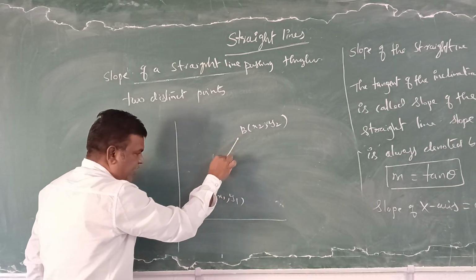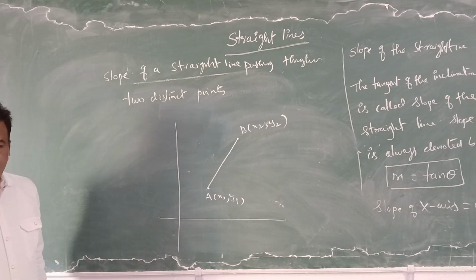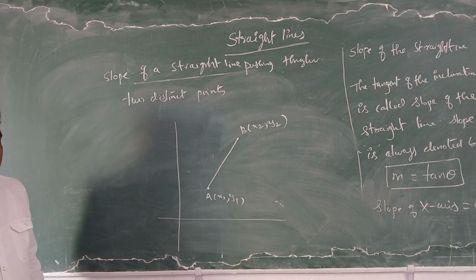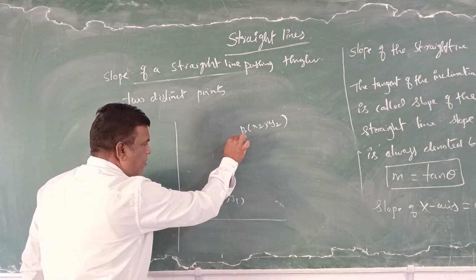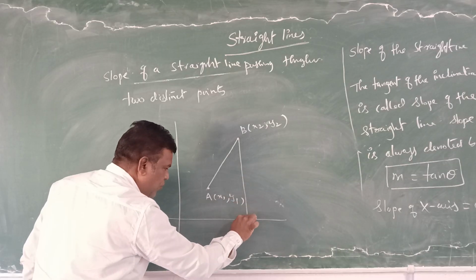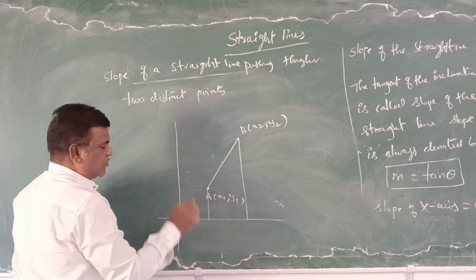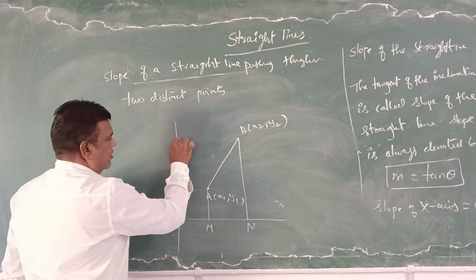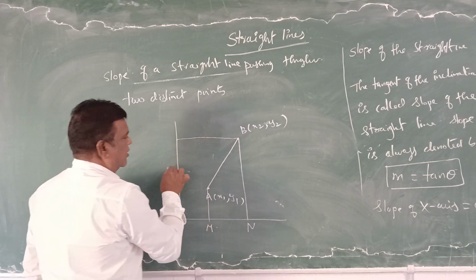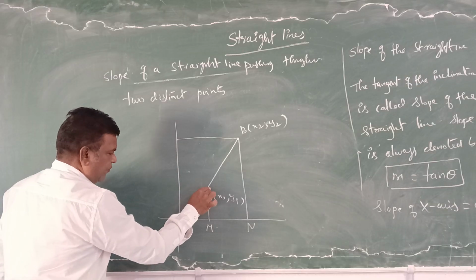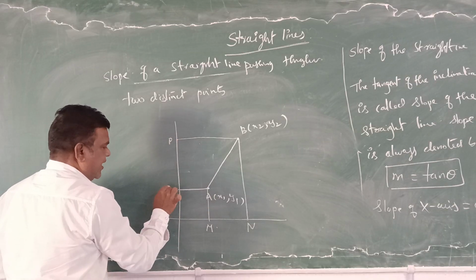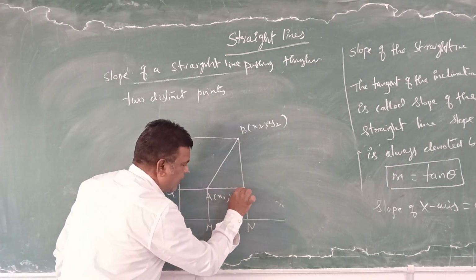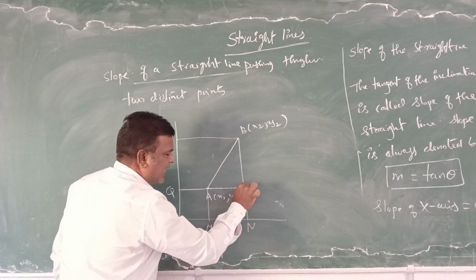This is the line joining AB. I am going to find the slope of the line joining AB. Draw perpendiculars onto the x-axis at M and N. Similarly, draw perpendiculars onto the y-axis, which meet at P and Q. An extension of QA meets B N at C.